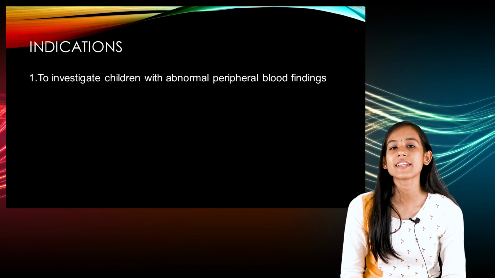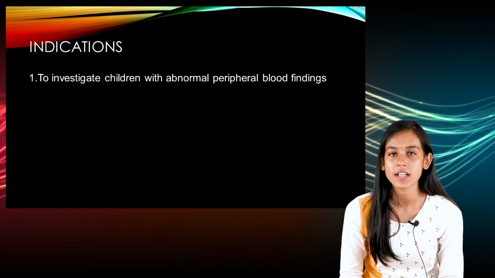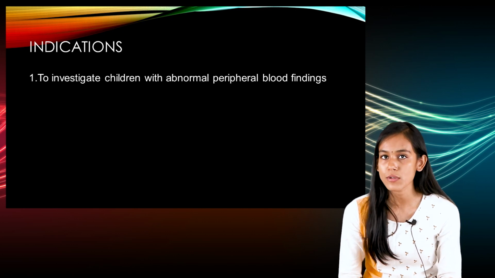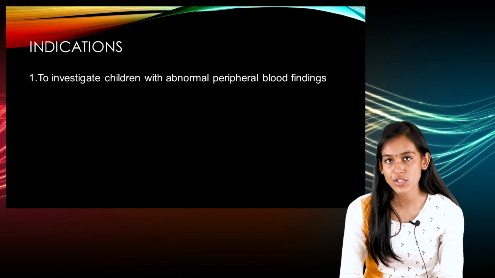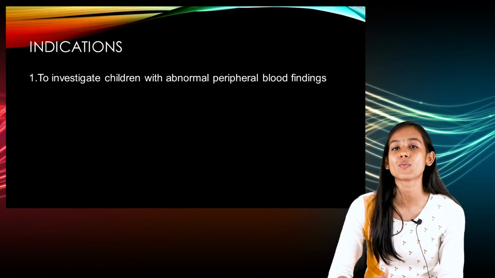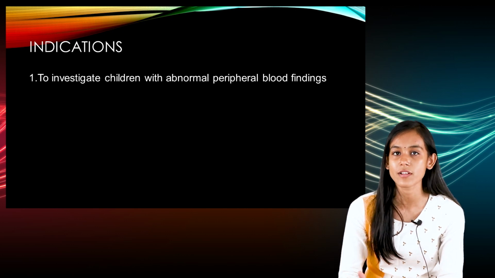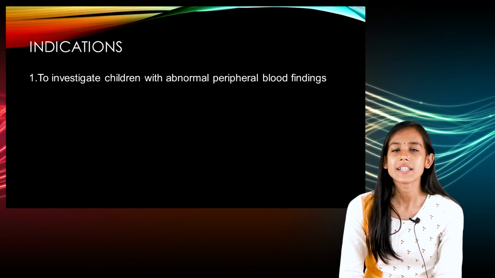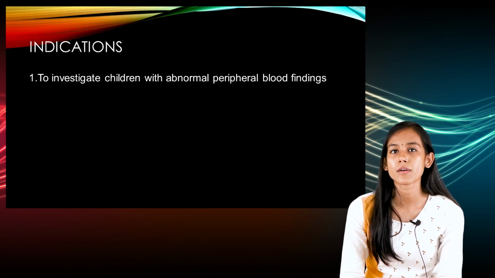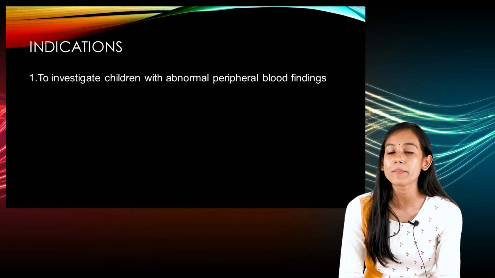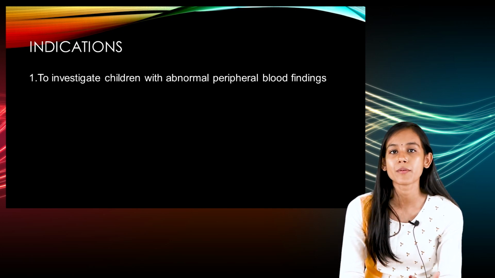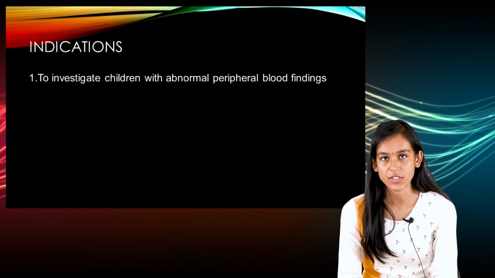When there are any abnormalities in the cells, this procedure can be performed to understand the cause, such as anemia or thrombocytopenia. When we get any abnormal peripheral blood findings, we perform bone marrow aspiration.